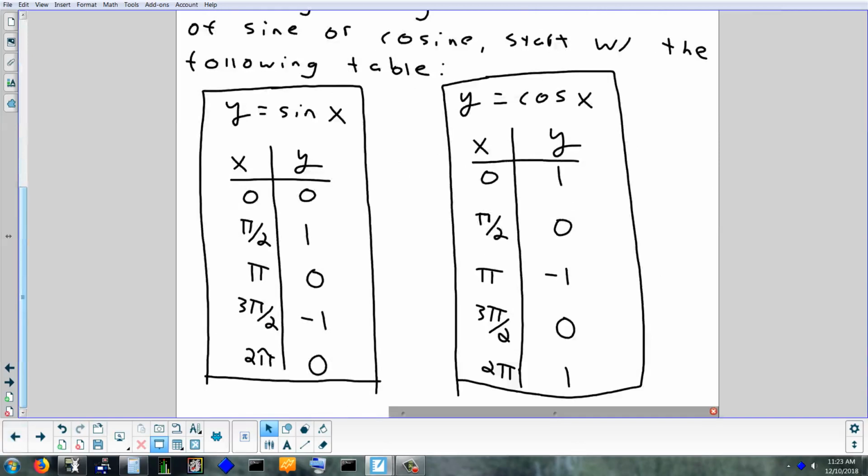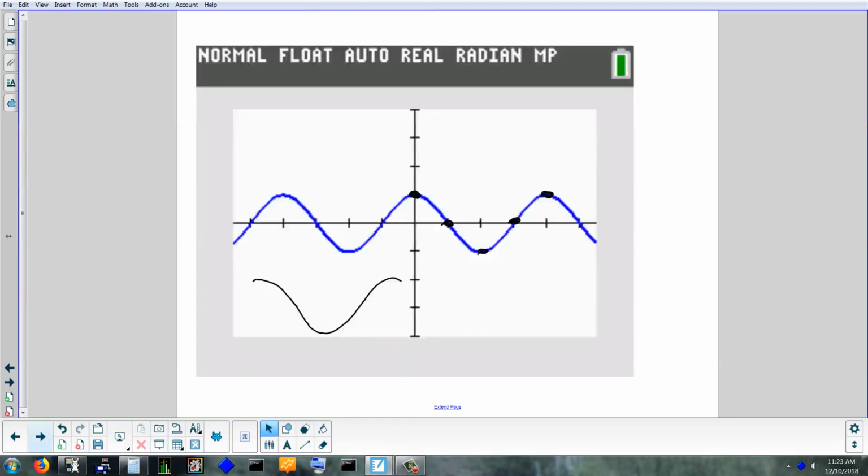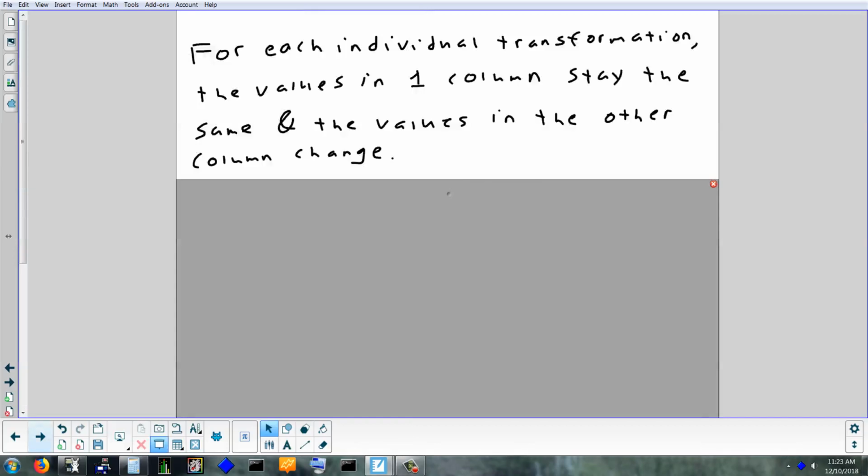So if we're only going to do one transformation per problem, when you're figuring out where your graph moved to, one of these columns always stays the same, because we're either going to do something to the x's or something to the y's. Not both. Not until Wednesday. As long as your problem only has one transformation in it, you're only going to affect the x's or the y's, not both.